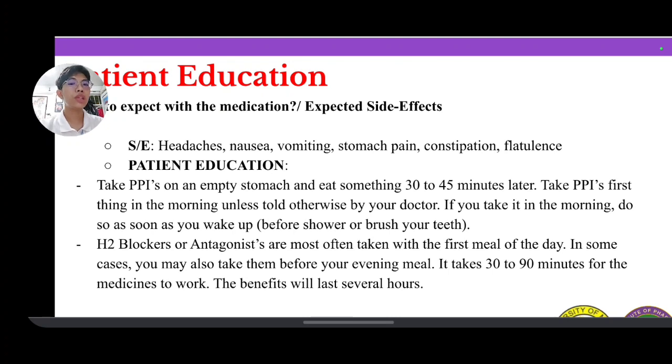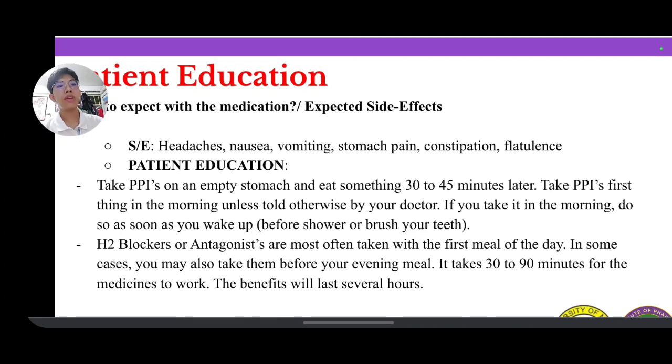Then, take proton pump inhibitors on an empty stomach and eat something 30 to 45 minutes later. Why on an empty stomach? Because in that way, the stomach is prepped by the PPI to not produce too much acid. And when the drug is in effect and then you take your food, it won't cause too much acid secretion.